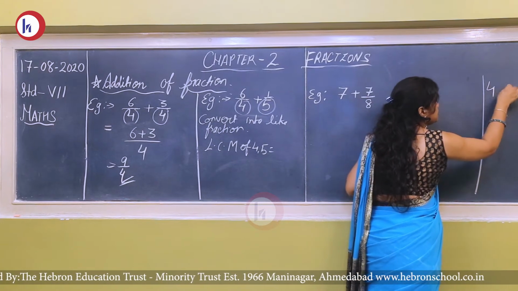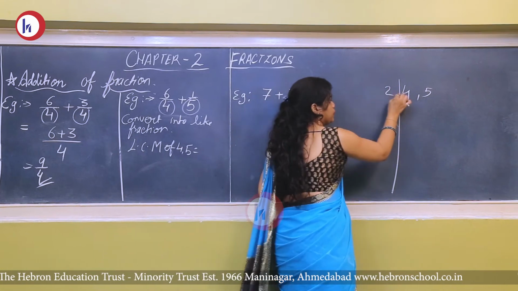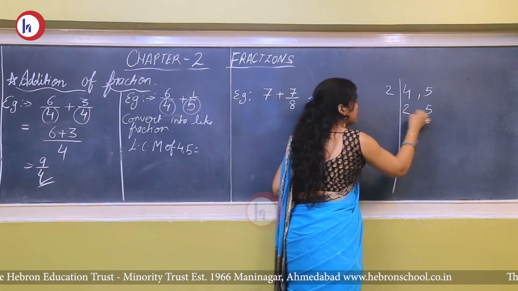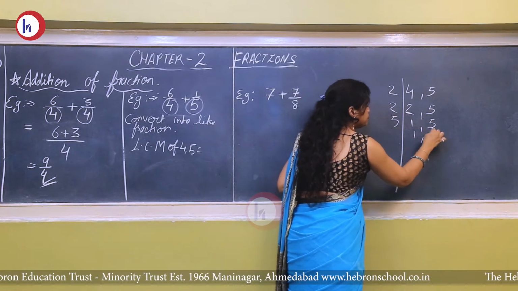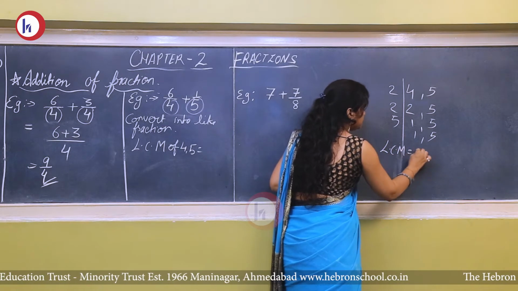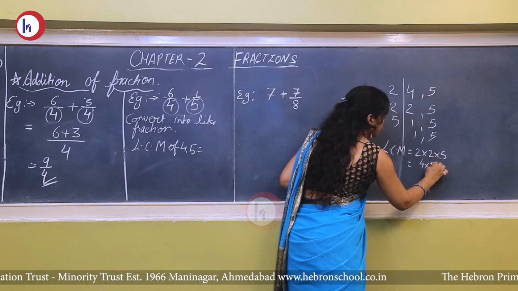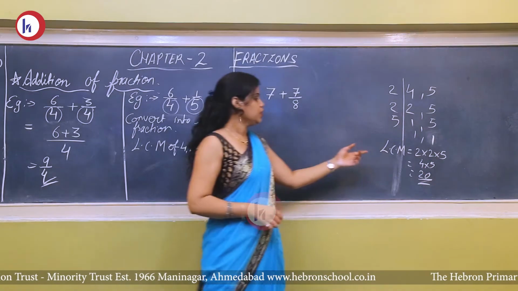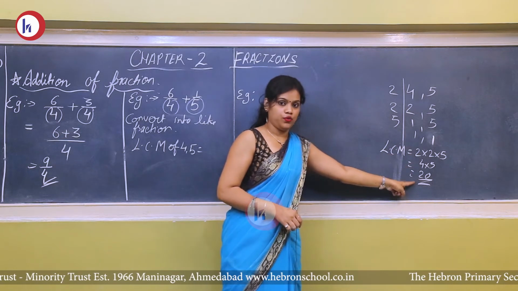So if you take the LCM of 4 and 5, starting with 2, 2 twos are 4, 5 as it is, 2 ones are 2, 5 as it is. So the LCM is 2 into 2 into 5, that is 4 into 5, that is 20. So the LCM of 4 and 5 is 20.